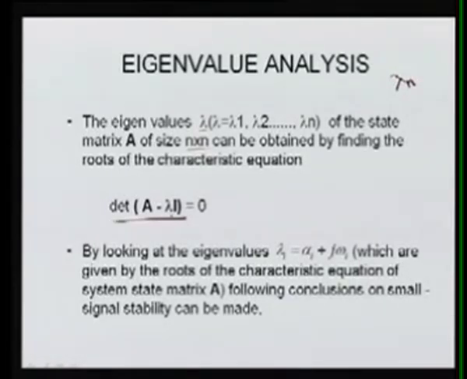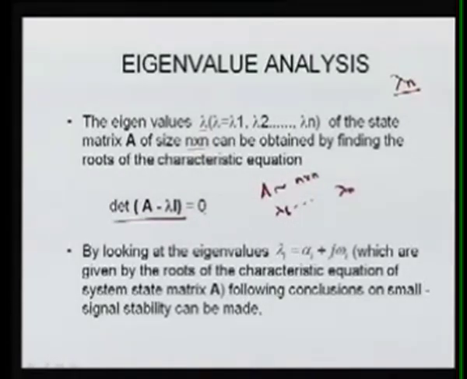This is the same, because I have replaced s by lambda. Here the negative sign doesn't matter: determinant of lambda I minus A equals 0. So for any A matrix of order n cross n, you will get lambda 1 to lambda n, means you will get n eigenvalues.